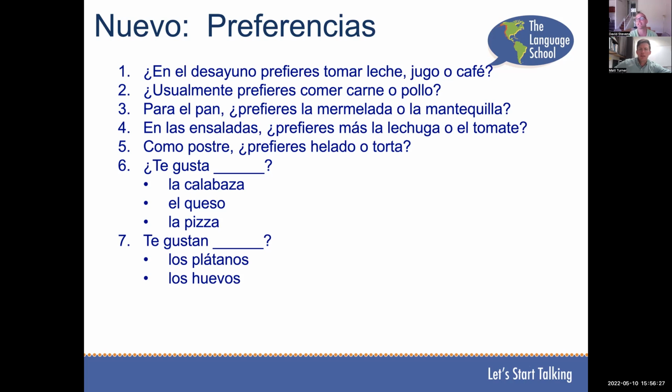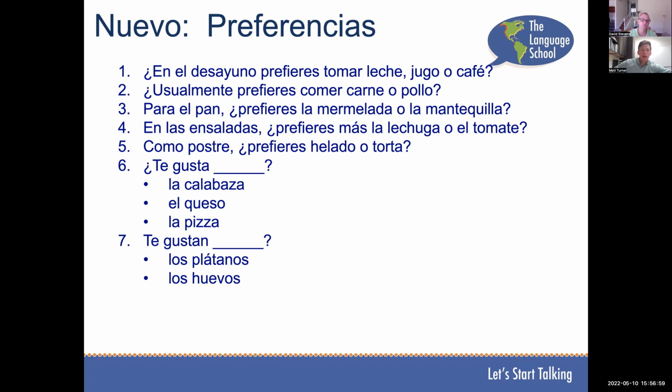La mantequilla es butter. Oh, prefiero la mantequilla para el pan. En las ensaladas, ¿prefieres más la lechuga o el tomate? En las ensaladas prefiero más la lechuga. Y como postre, ¿prefieres helado o torta? Como postre prefiero helado.